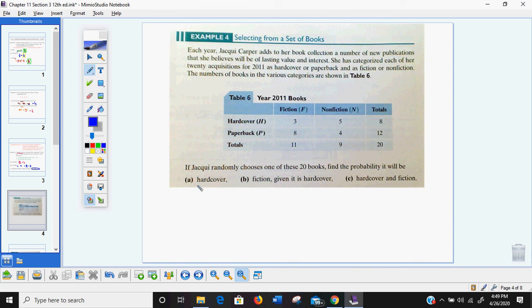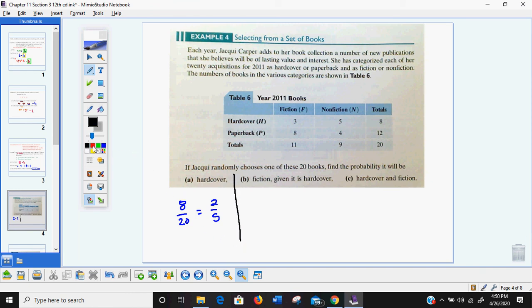So if she randomly chooses a book from the 20, find the probability it is hardcover. Well, if you look across here, there are 8 hardcovers out of 20 books. There's 20 total. You would reduce that to 2/5. Then let's do the next one.